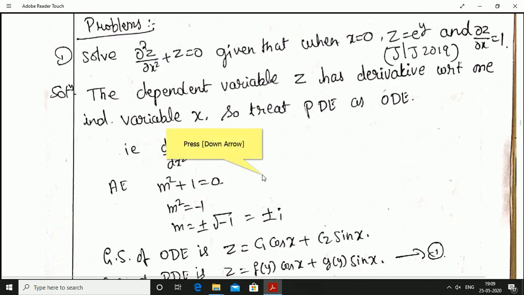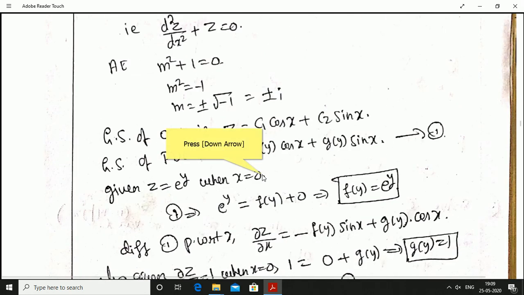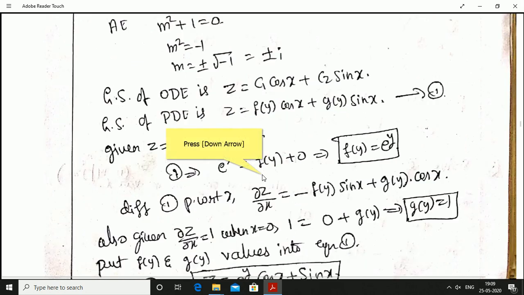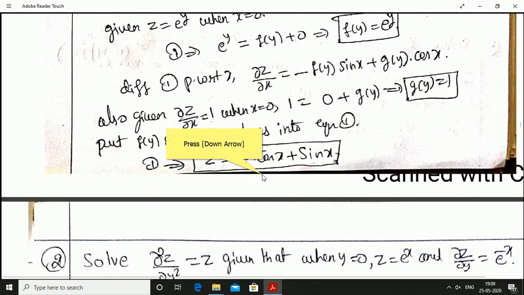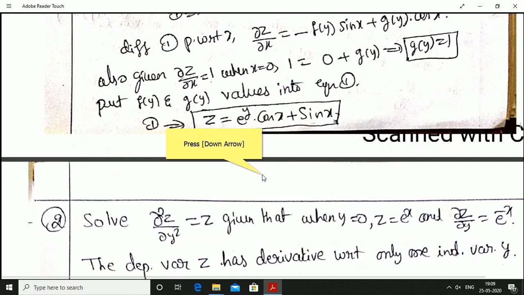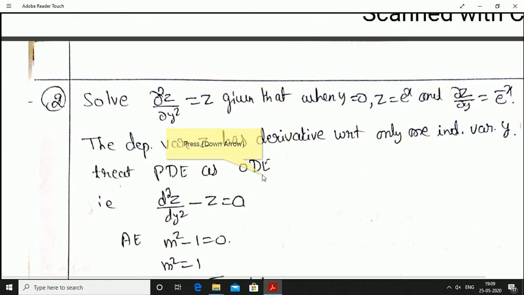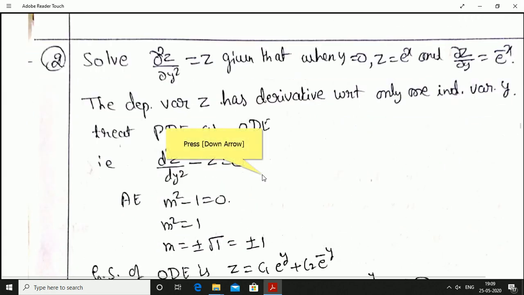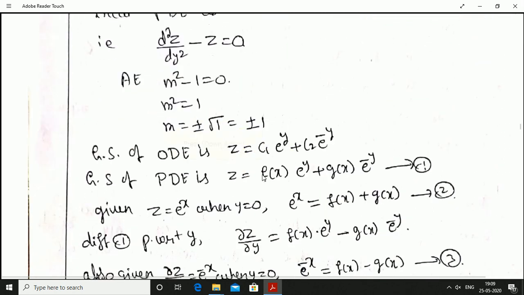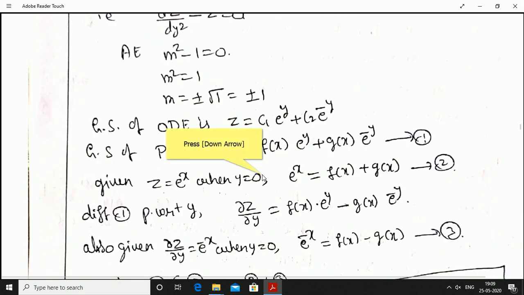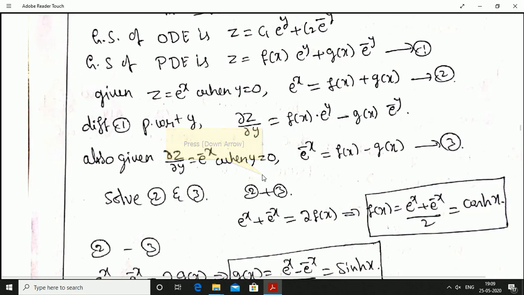In such cases, to solve those equations, we are treating partial differential equations as ordinary differential equations.